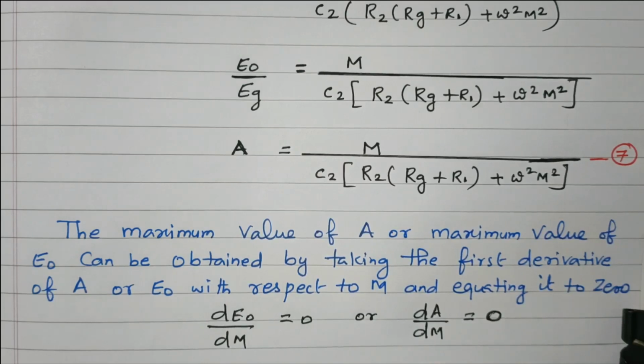So this comes under the maximum theorem. Maximum theorem means we have to differentiate the term with respect to the particular parameter. Here the parameter is mutual inductance, and equating to 0 will give the condition for maximum value. Similarly, here we can get the condition for maximum amplification and maximum E0. Now we'll go for the derivative. Now we'll differentiate this and equate it to 0.